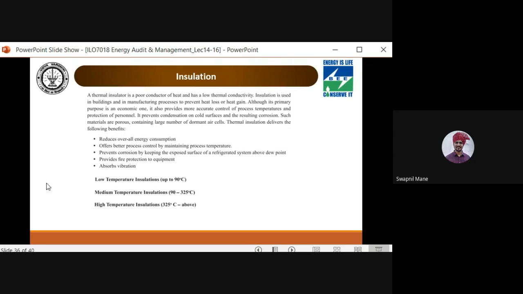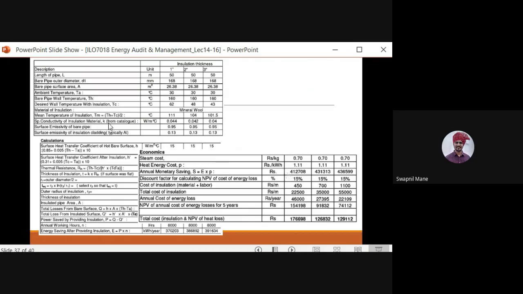Insulations can be classified into 3 types: low temperature insulation, which can handle up to 90 degrees Celsius, medium temperature insulation, which is 90 to 325 degrees Celsius, and high temperature insulation, which is 325 degrees Celsius and above.